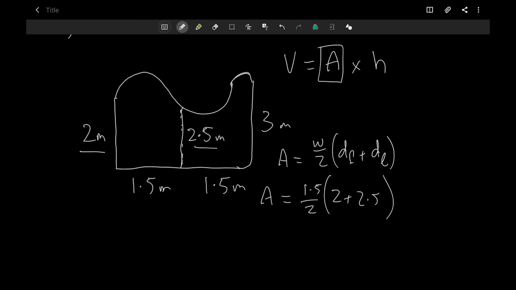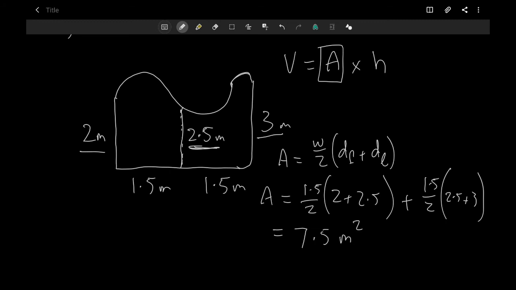Now let's add the second application, plus W, which is 1.5 over 2. dF now is 2.5 plus dL is 3. We plug that into a calculator and the answer should be 7.5 meters squared.